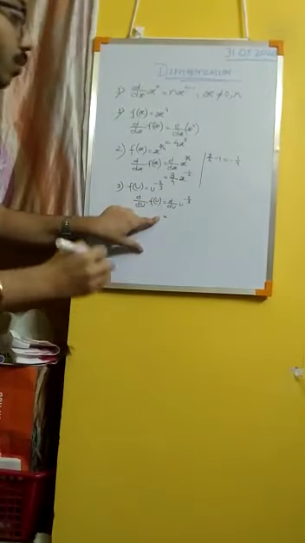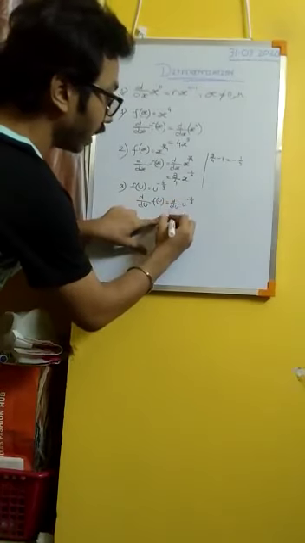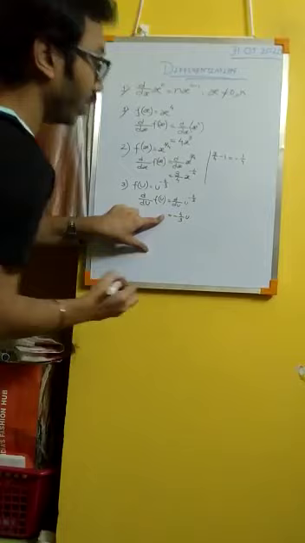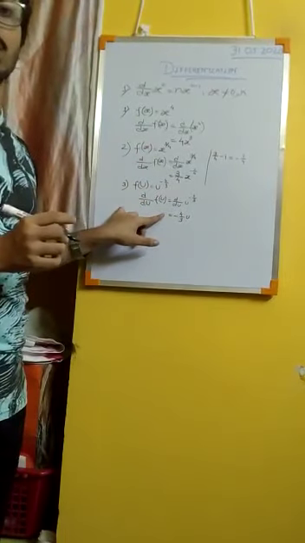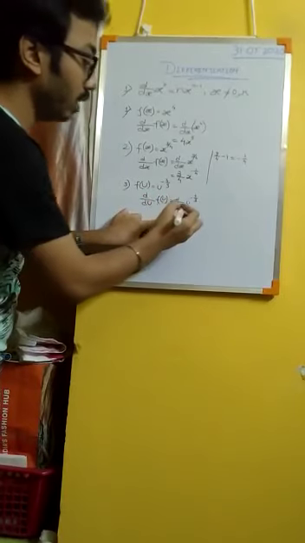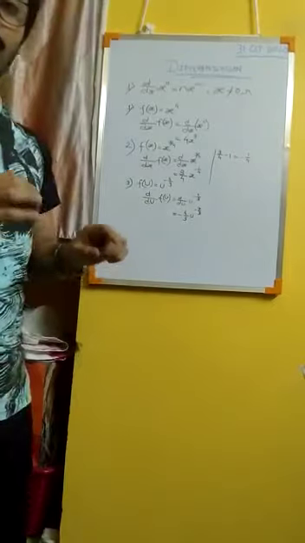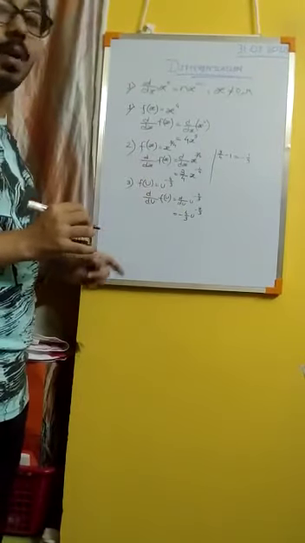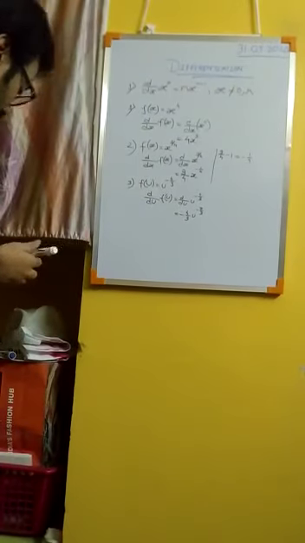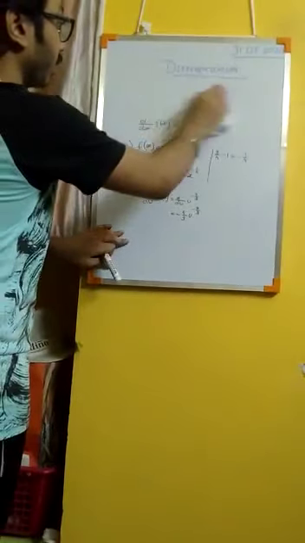The formula is n x to the power n minus 1. So first write n, that is minus 4 by 3, u to the power minus 4 by 3 minus 1, which is minus 7 by 3. So minus 4 by 3 u to the power minus 7 by 3. I think these three applications are more than enough for this formula. So we will go to the next formula.